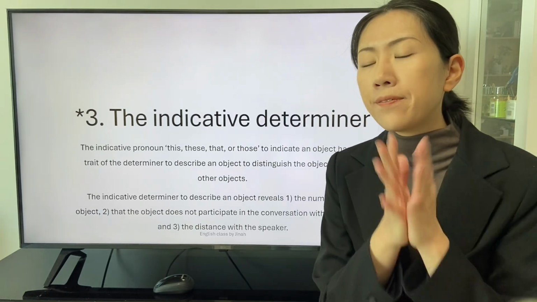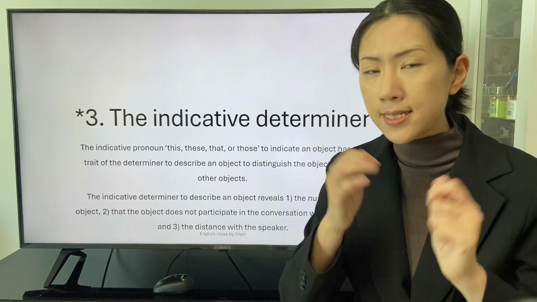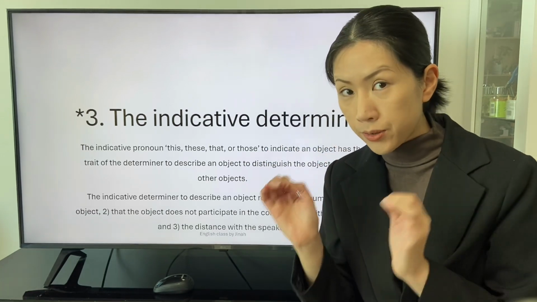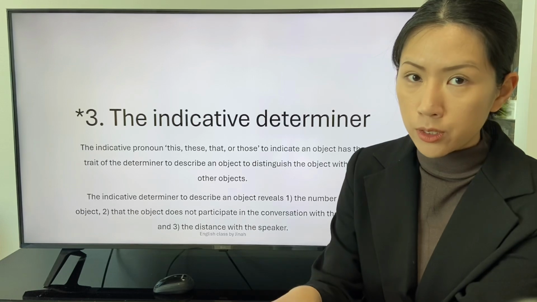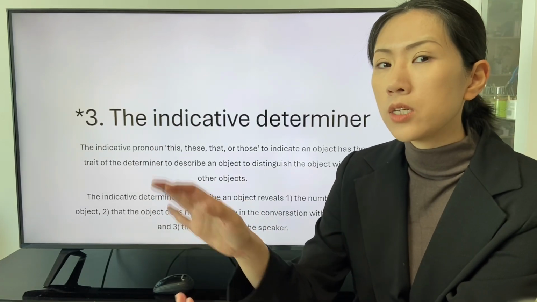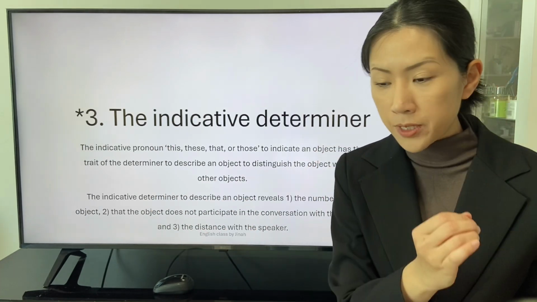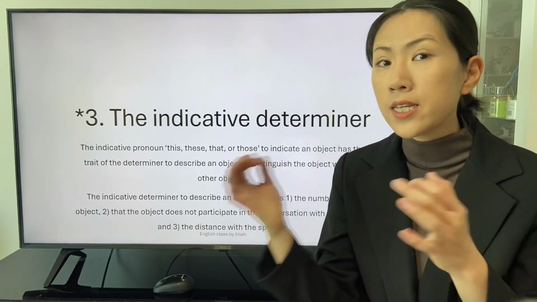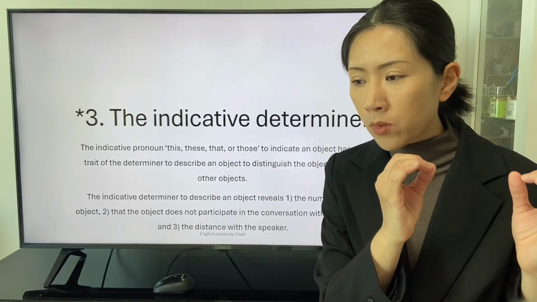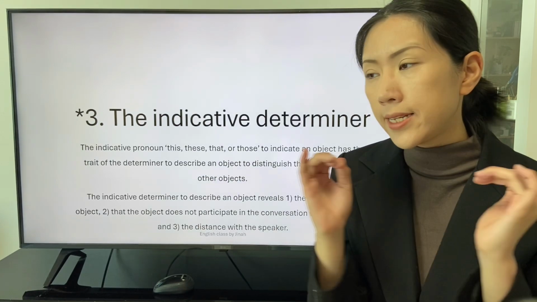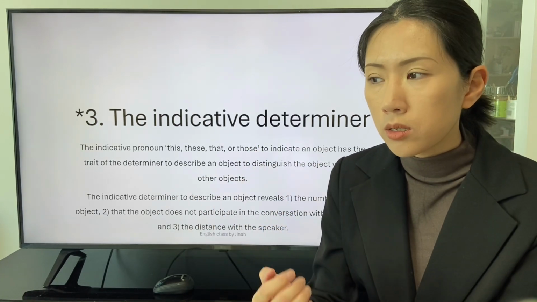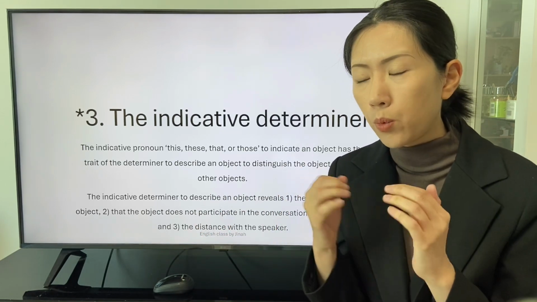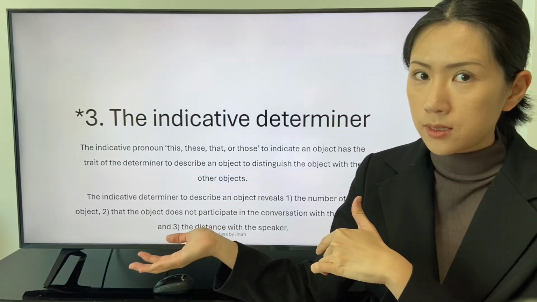The indicative pronoun this, these, that, or those has the trait of a determiner to describe the object. The object indicated by a noun or a pronoun is described by the indicative determiner to be distinguished from the other object.